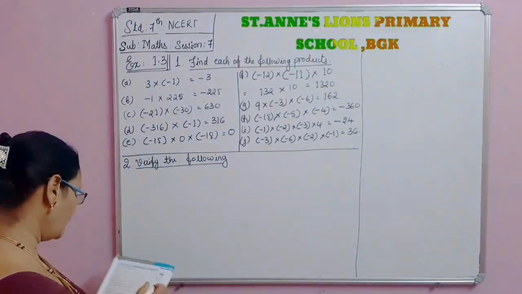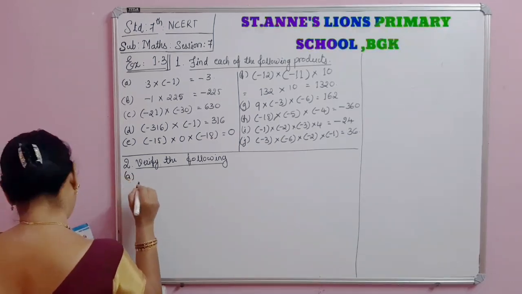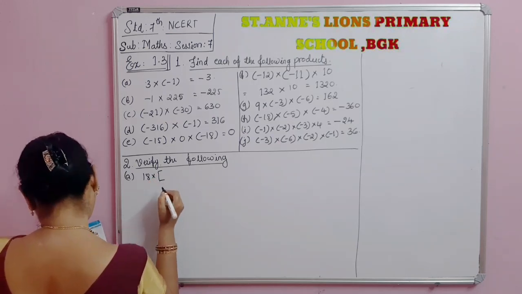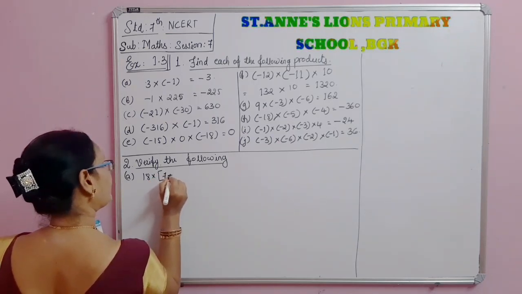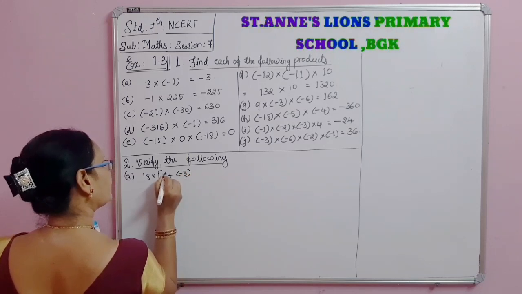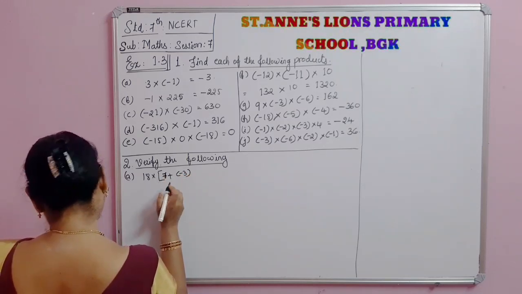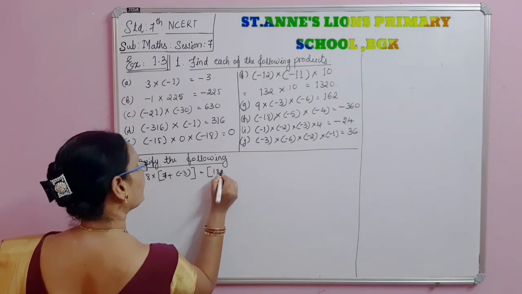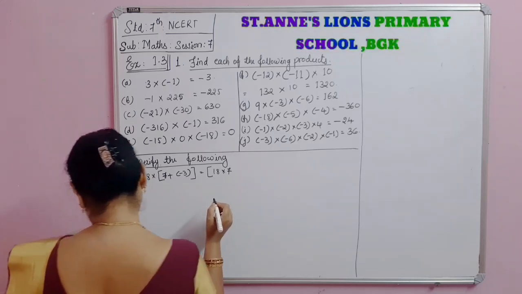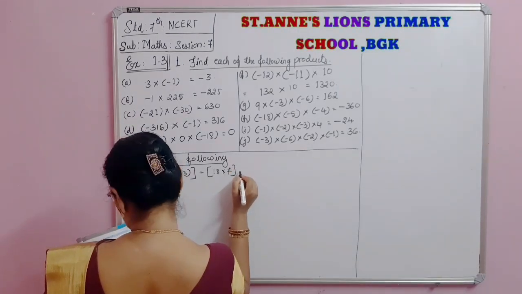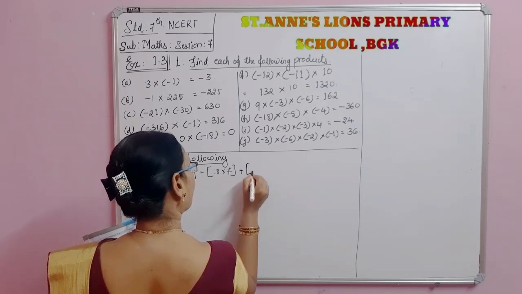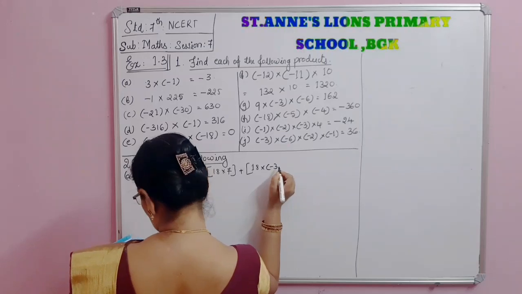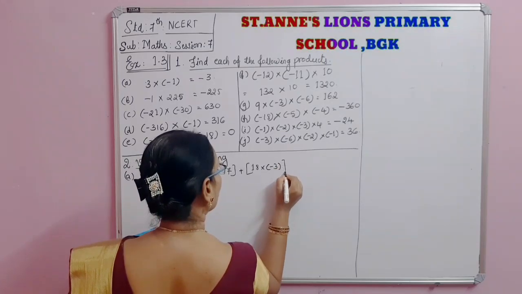See, first one I will show you: 18 into bracket 7 plus minus 3 bracket complete is equal to 18 into 7 bracket complete plus 18 into minus 3 bracket complete.